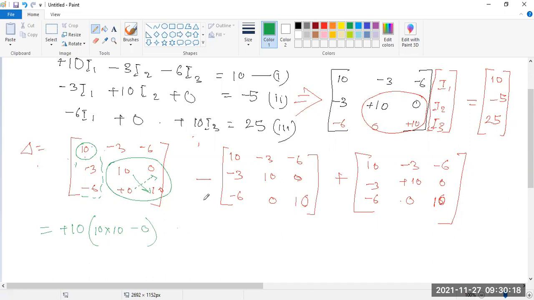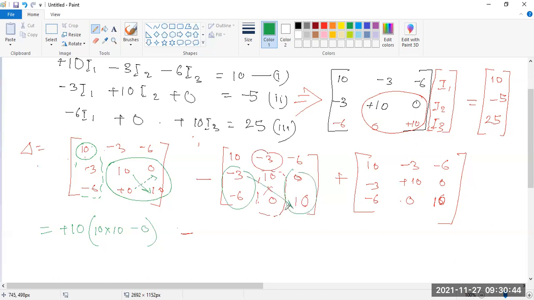Then again it is coming minus. Then we are taking this element because we have to take one by one. Whenever we take this element, leave all this part of this column. So we have to take only this one and this one, with cross multiplication.